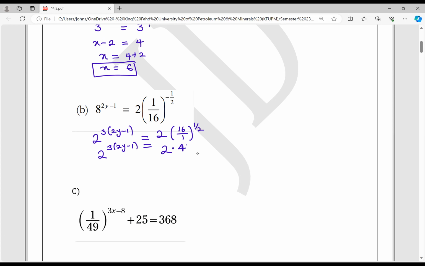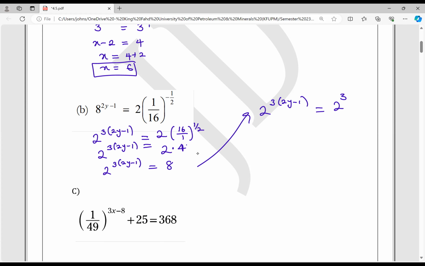So this is 2 times 4, and now this becomes 2 to the power 3 times 2y minus 1 equals 2 times 2 squared, or you can see this as just 8. So we have 2 to the power 3 times 2y minus 1 equals 2 to the power 3, which is nothing but 8.